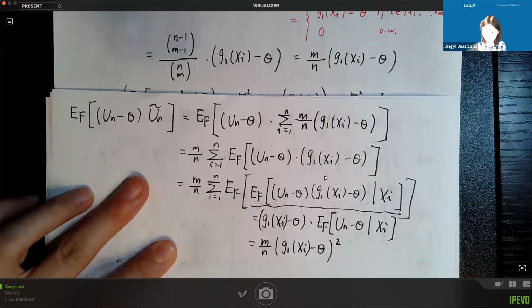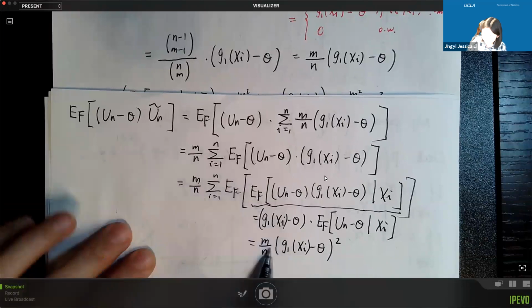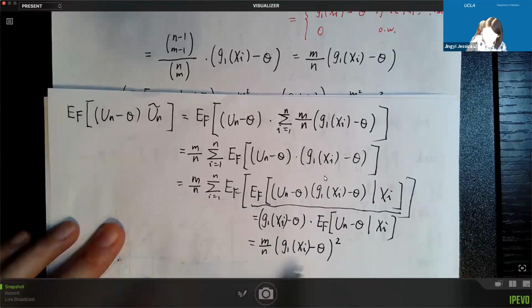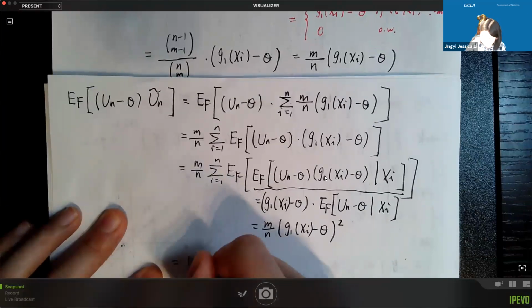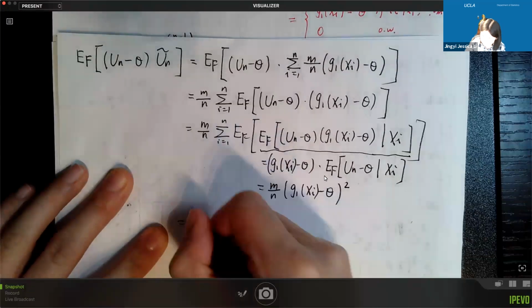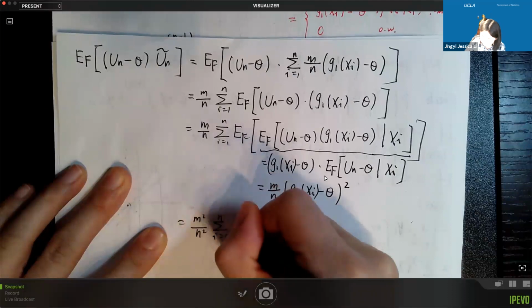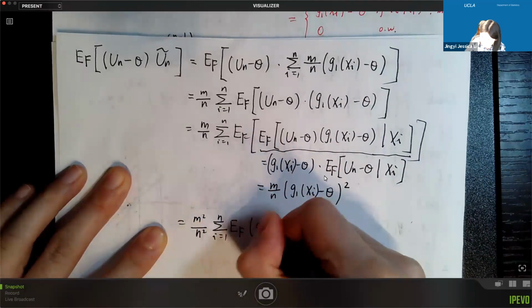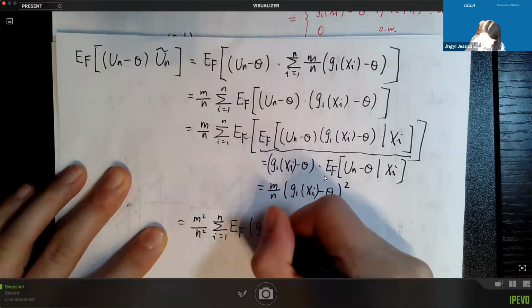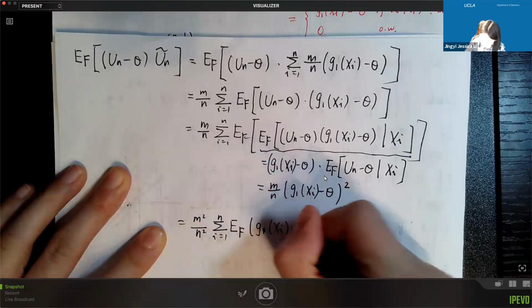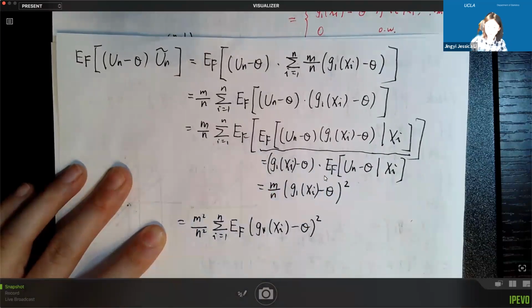Then I can do a lot of simplification. I move the constant out, and I get m squared over n squared times the summation over i from 1 to n of the expectation of (g1(Xi) minus theta) squared.